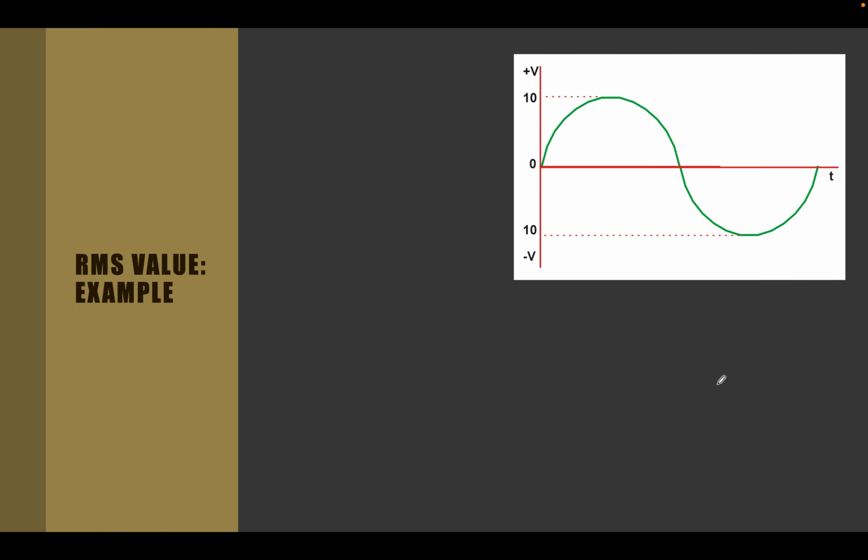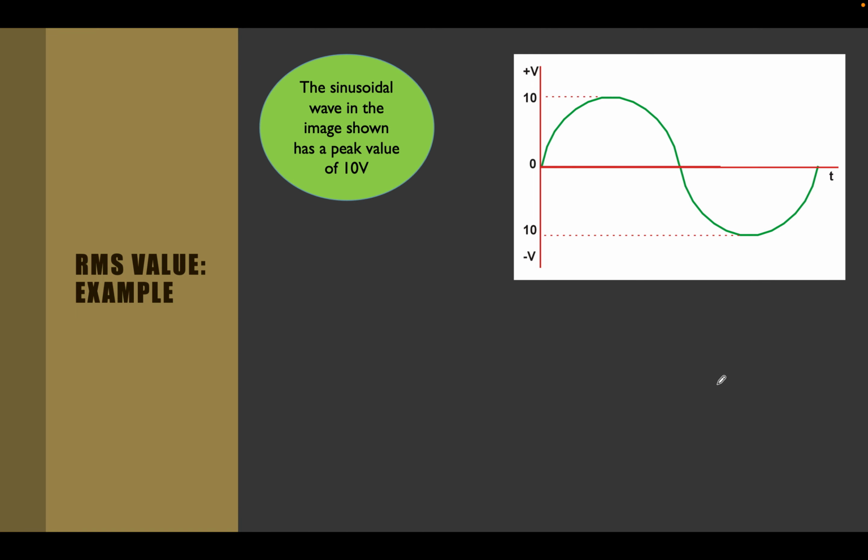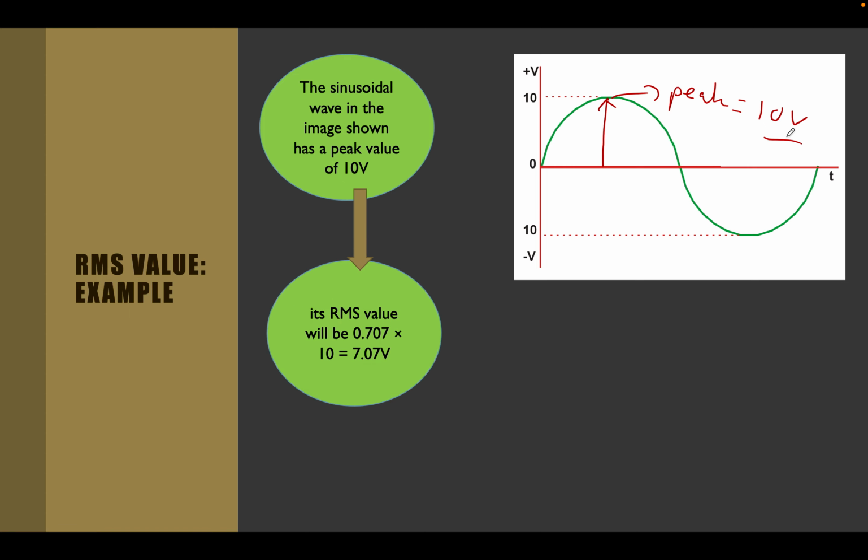So, RMS value example. We've got a sinusoidal wave shape there on the right hand side, and it has a peak value of 10 volts. We know this now, because we've gone through this. This is the peak value here. Peak equals 10 volts. Its root mean square value, the RMS value, will be 0.707 multiplied by 10.